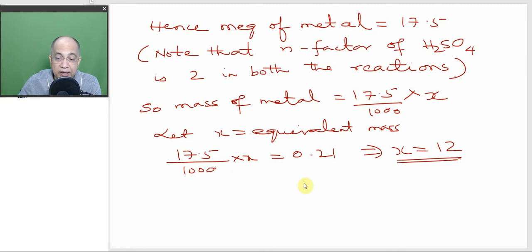So by solving we get X is equal to 12. So the equivalent mass of the unknown metal is 12. Obviously it has to be magnesium. Very presumably it is magnesium, because magnesium, the atomic mass is 24 and its N factor, valency factor, is 2, so it is 12. Forget about it.